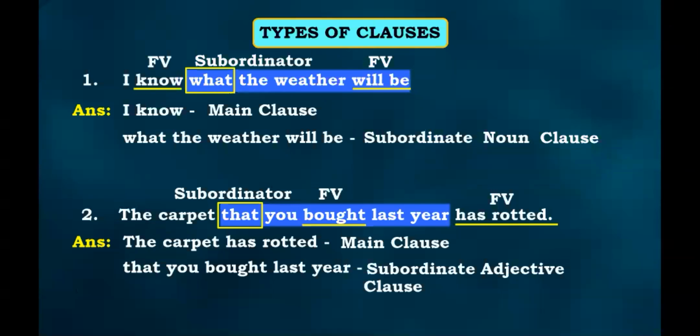So, subordinate adjective clause. Now wherever you are writing, first of all you have written what question mark noun clause. Below that write which question mark adjective clause. If you asked the question and the subordinate clause gave the answer with which, then it becomes an adjective clause.